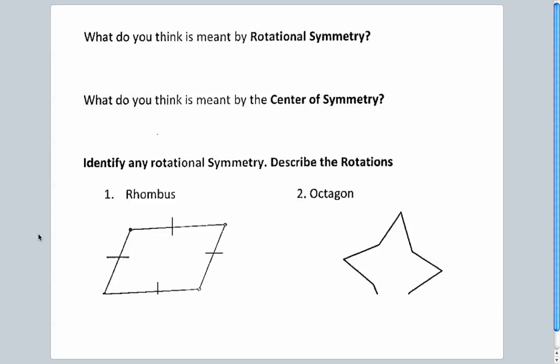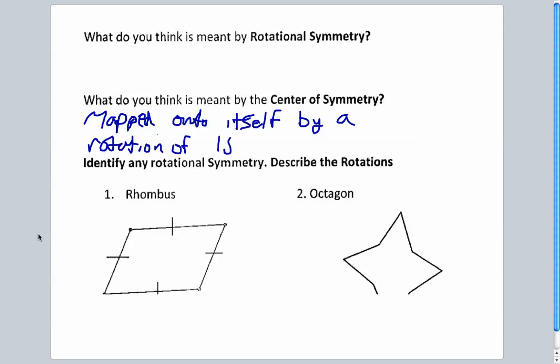Okay. What do you think is meant by rotational symmetry? We'll go through this fairly quickly because I don't want to waste your time. This means that the picture is going to be mapped onto itself by a rotation of 180 degrees or less.